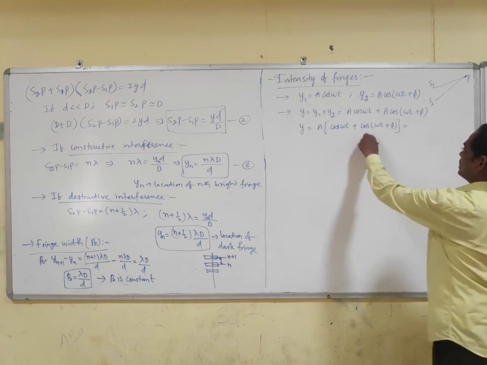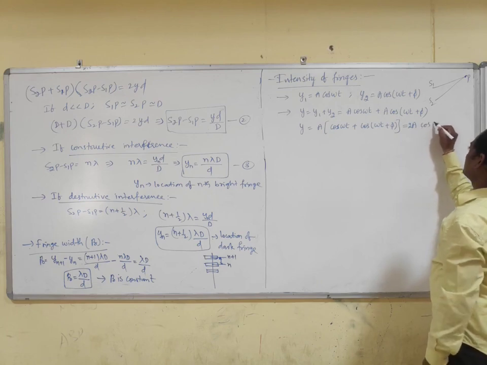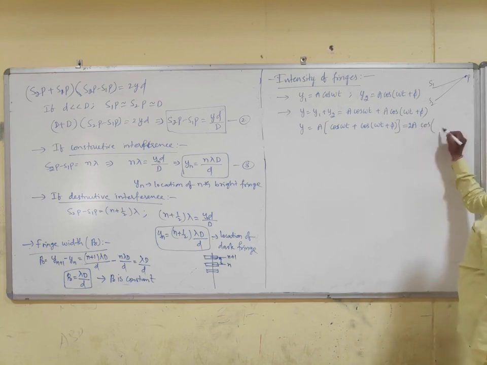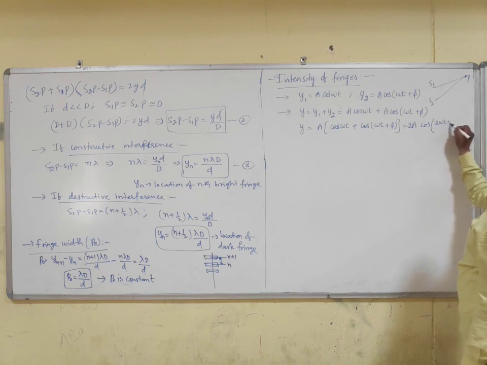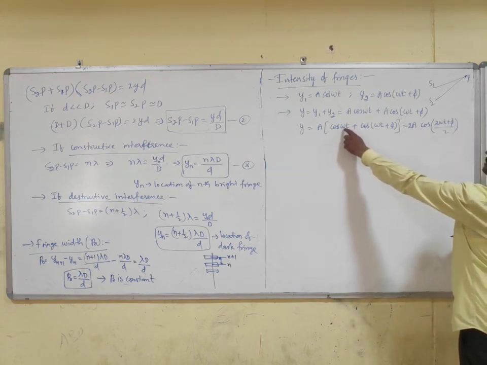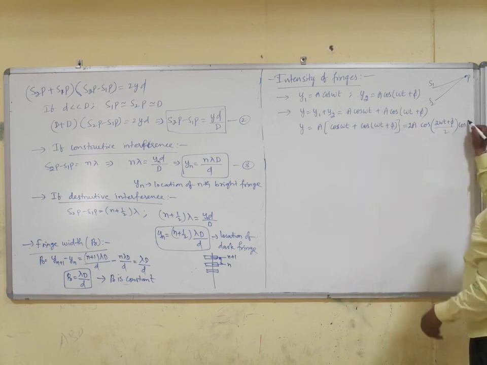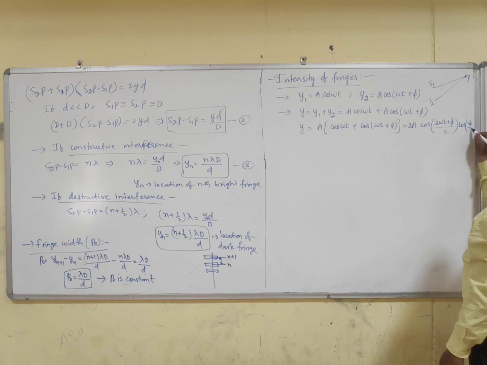Cos C plus cos D is 2 cos ((C plus D) by 2) cos ((C minus D) by 2). These two will get cancelled, cos of minus phi by 2.